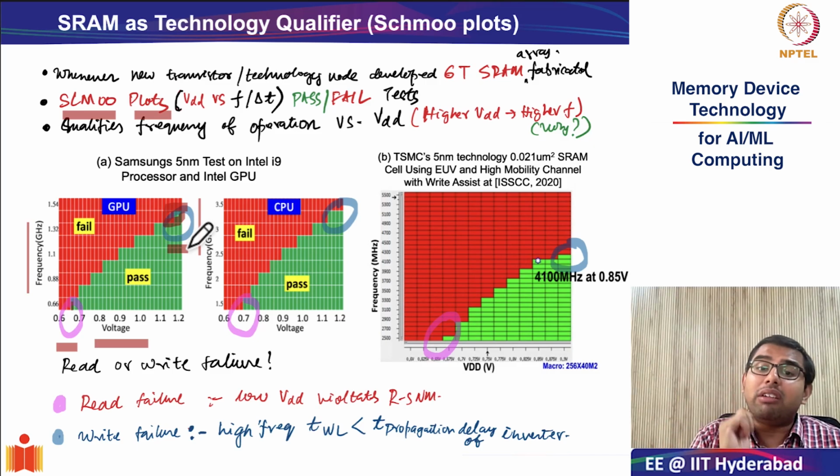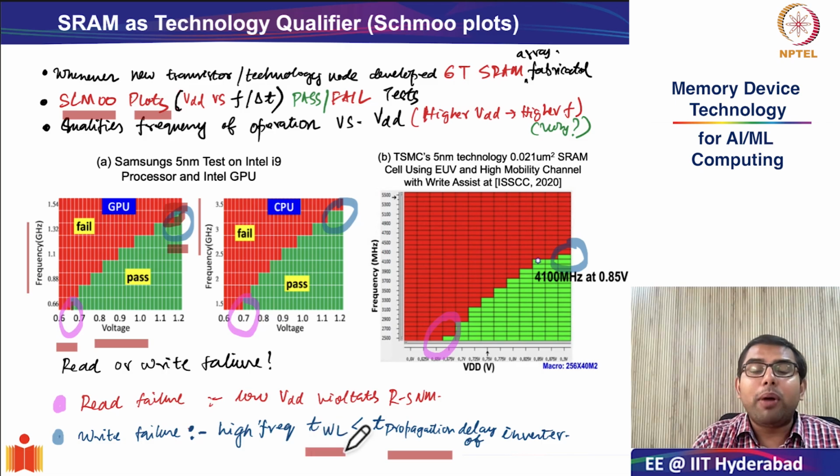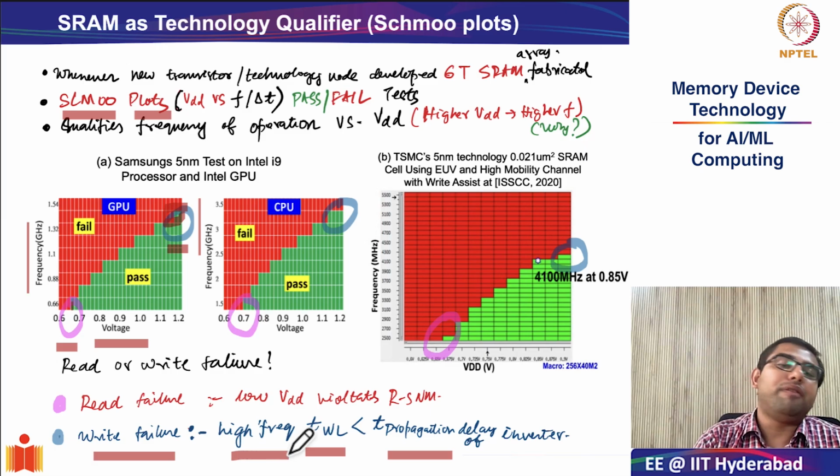And remember, read noise margin was very sensitive to low supply voltage, whereas write failures happen because your propagation delay is now becoming comparable to the pulse width of the operation frequency of your write transactions. Therefore, write failures are more likely to happen at high frequencies.